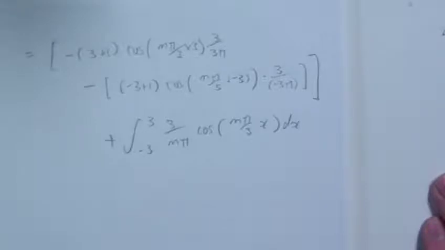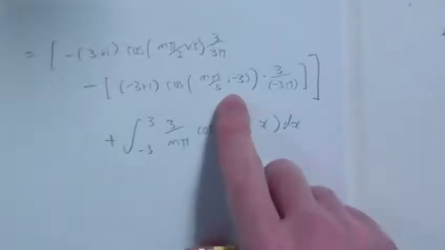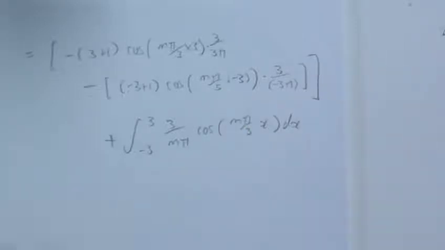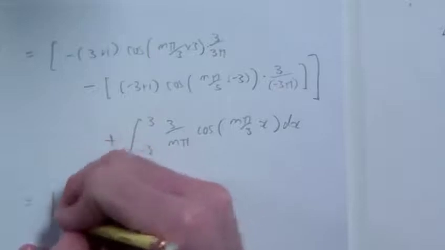I do not like it, so I am... Oh, but cos of minus something is the same as cos of plus something, isn't it? Sweet. It's good. So what have we got?